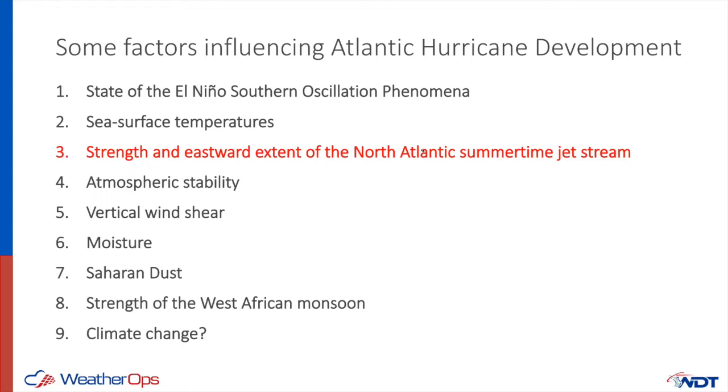Some factors that influence Atlantic hurricane development. This is by no means a complete list. A lot of these are things that have to be monitored for in the season, but these are meteorological factors that are known to strongly modulate the frequency with which hurricanes develop and the intensity of the storms. The state of the El Nino Southern Oscillation phenomena, which we'll touch on briefly.